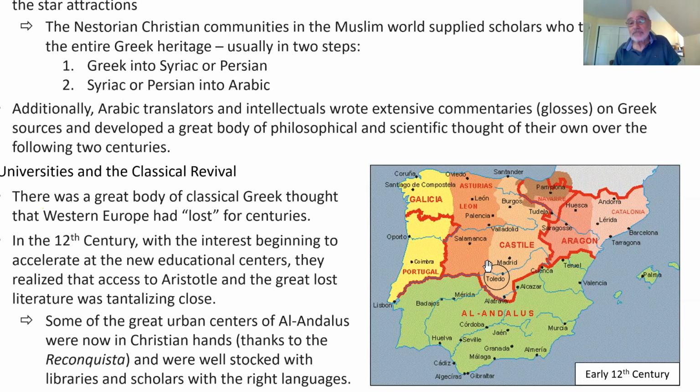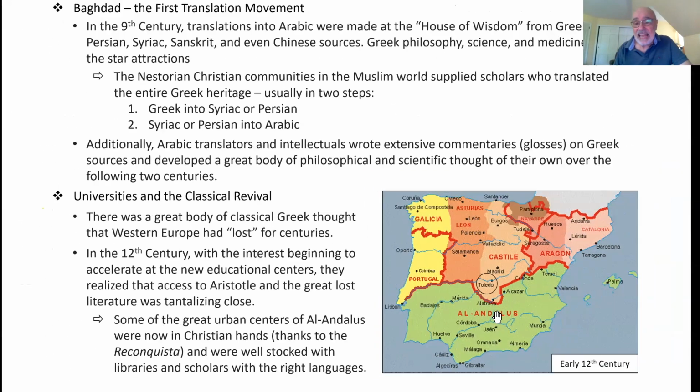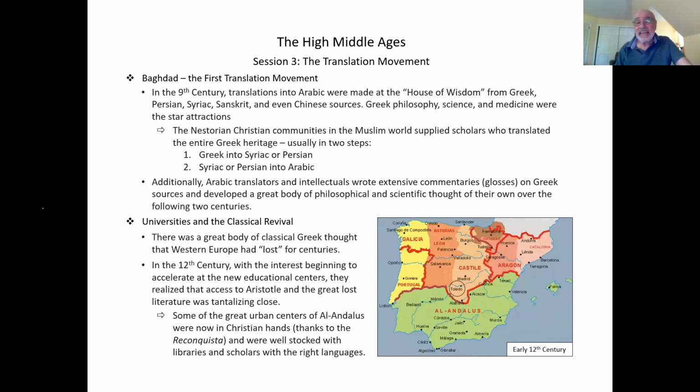That line had just moved from above Toledo to below Toledo. And indeed, you now had one of the major intellectual centers of the emirate, the Arab emirate of Al-Andalus, Andalusia, now in control of a Christian prince, the King of Castile.